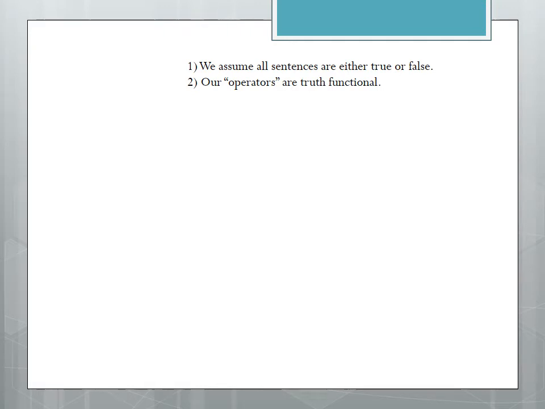That's the first feature of the language, which turns out to be very important. The second feature is that our operators, those special terms like and, or, not, if-then, are what's called truth functional, which is to say, if you know whether the simple sentences are true or false, then you can determine with certainty whether complex sentences that involve these special terms are true or false. So to illustrate the simplest example, let's take our not operator.